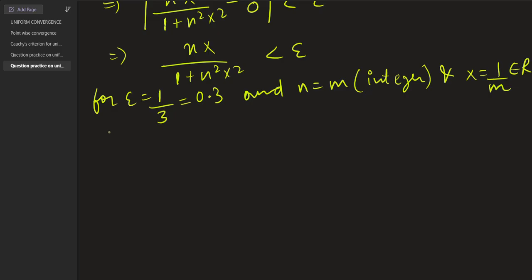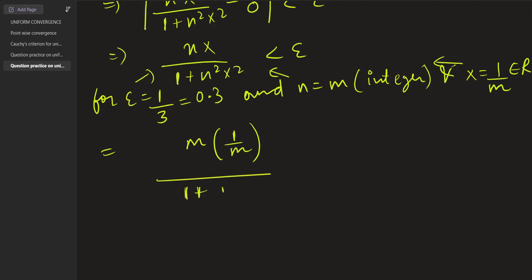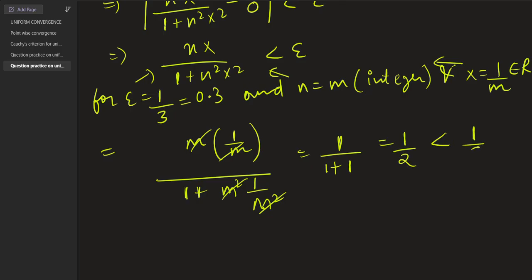So if we put all these things in the above expression, epsilon and x, then we get m upon 1 by m, because n is m and x is 1 by m, upon 1 plus n square times 1 by m square, which is m square. When you cancel out, you get 1 upon 1 plus 1, which is 1 by 2, which should be less than 1 by 3.